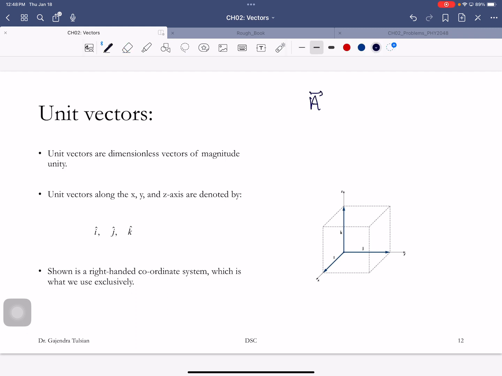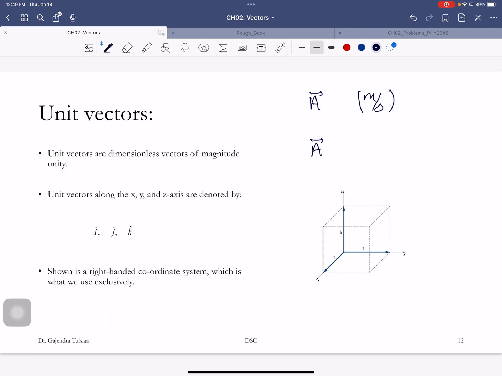Let's say A is a velocity vector. What are the dimensions of A? Dimensions are length over time, so meters per second, those would be the SI units.